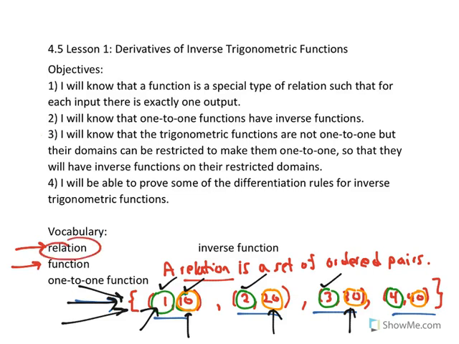So today we looked at some vocabulary. What is a relation? What is a function? We looked at what it means for a function to be one-to-one, and we understood that that was a requirement for a function to have an inverse function.